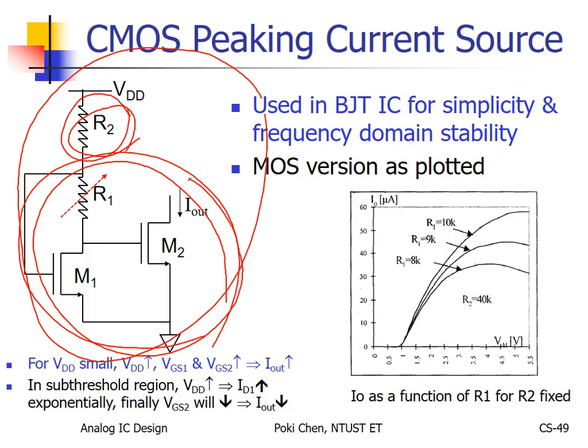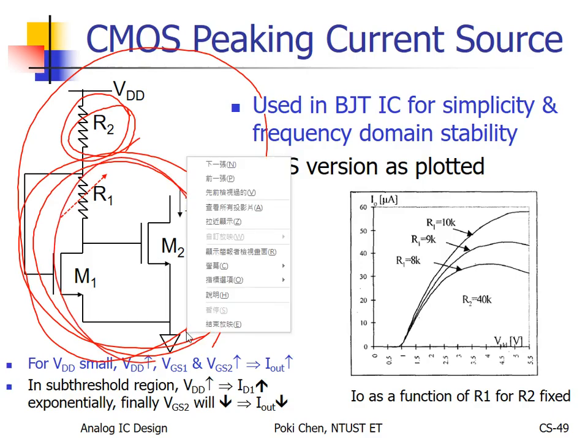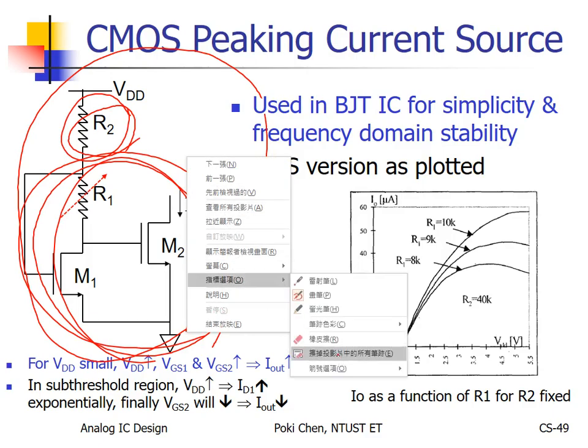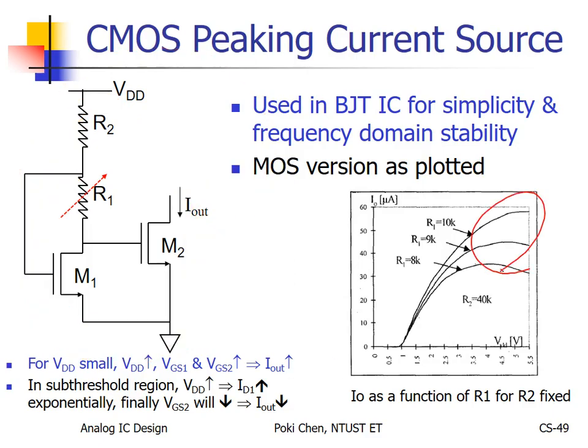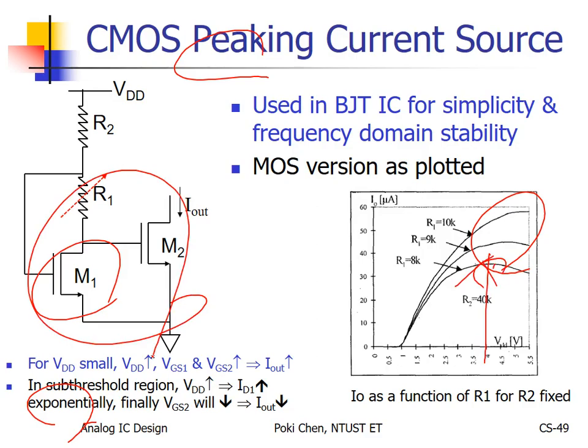Okay? Why do we need to replace it? Because, again, according to the exponential increase of the weak inversion operation, we can have some peak for this one, right? If you flip it from N type to P type to replace R2, it will have the other peak.